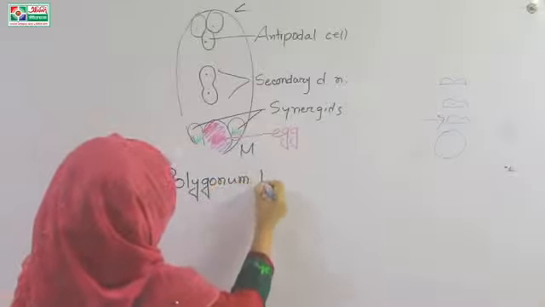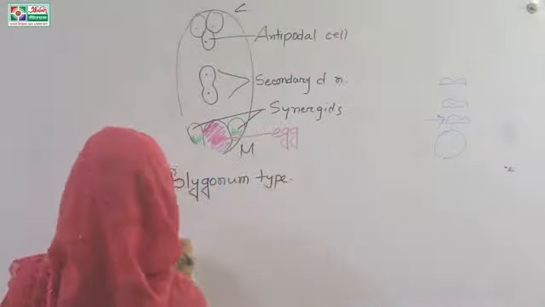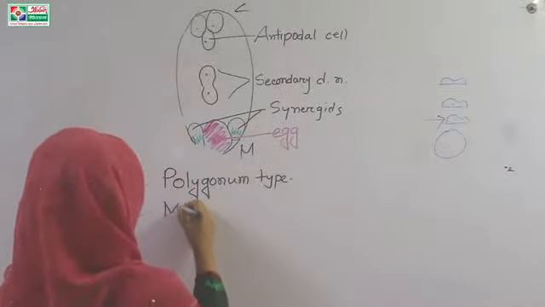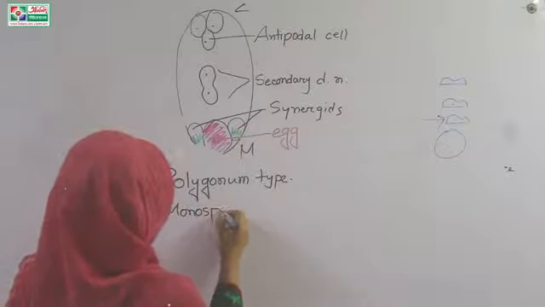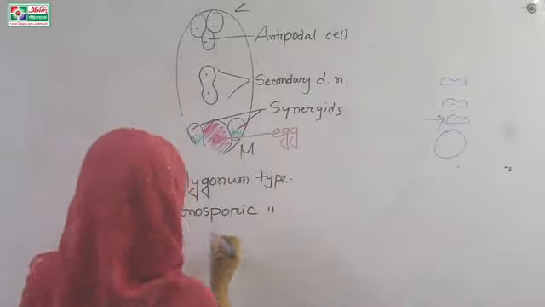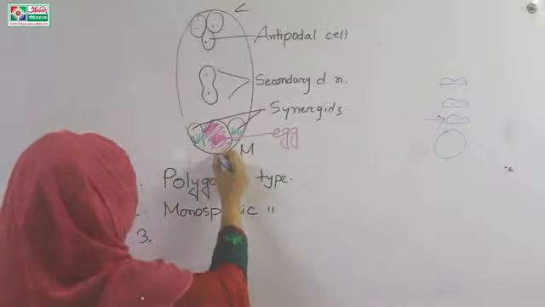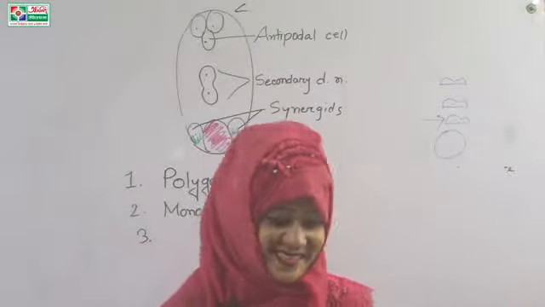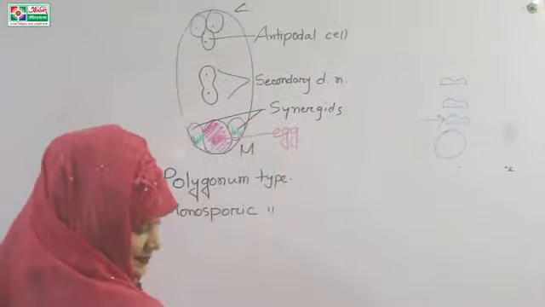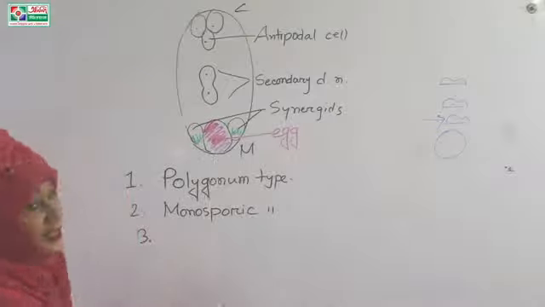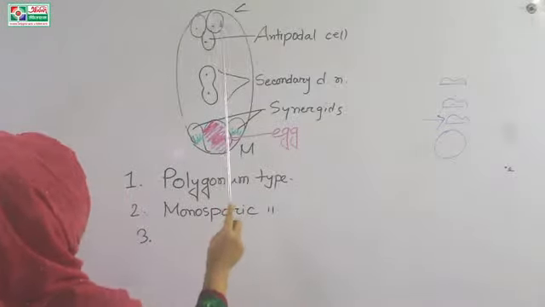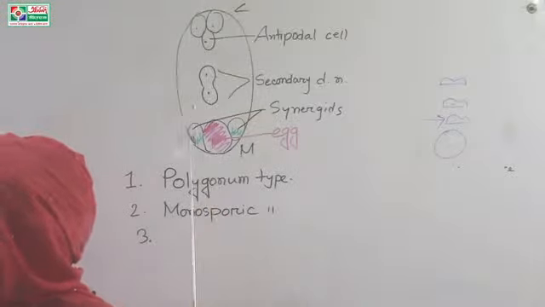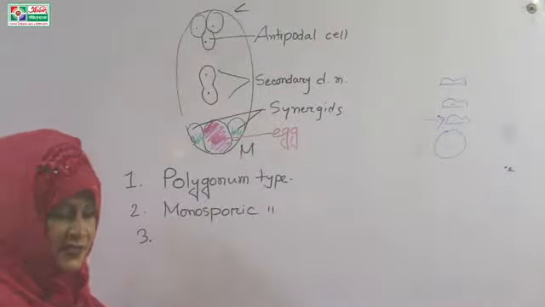Number two, it is monosporic type. And number three, who can say? I will say. For that, I should count the number of cells. 1, 2, 3, 4, 5, 6, 7. Seven celled.